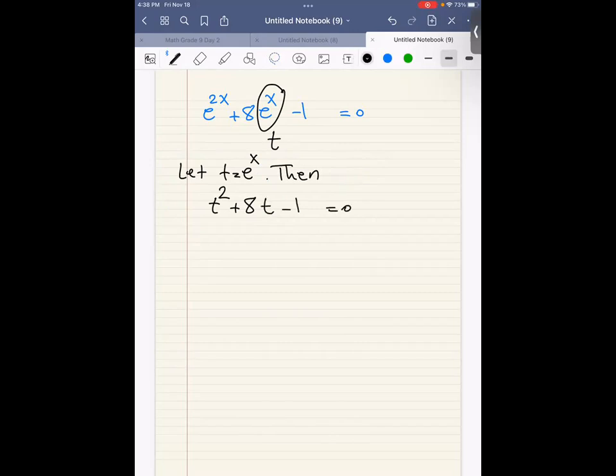What are the solutions of this quadratic equation in terms of t? One way is to say it's negative 4 plus or minus the square root of 4 squared, 16, plus 1 is 17.